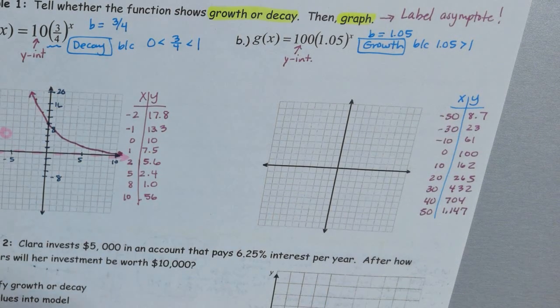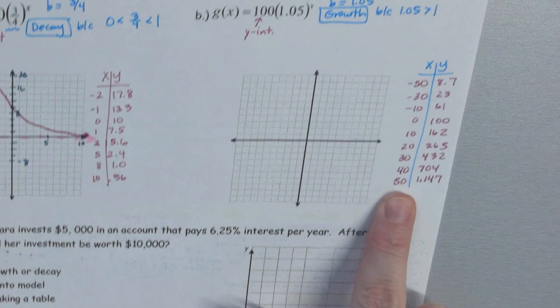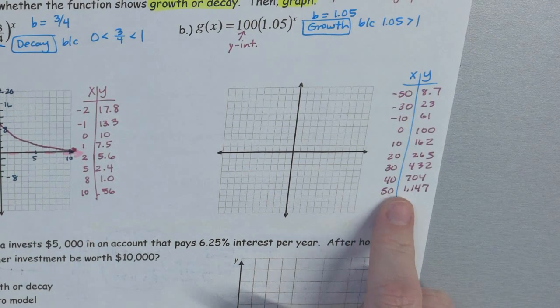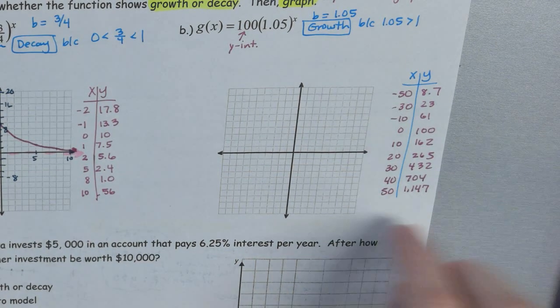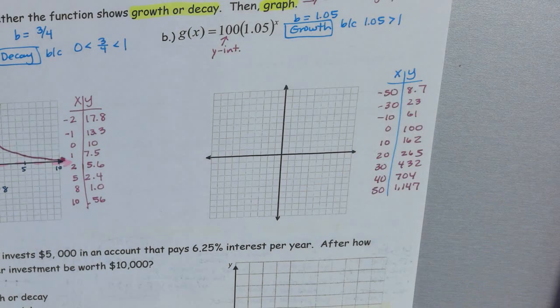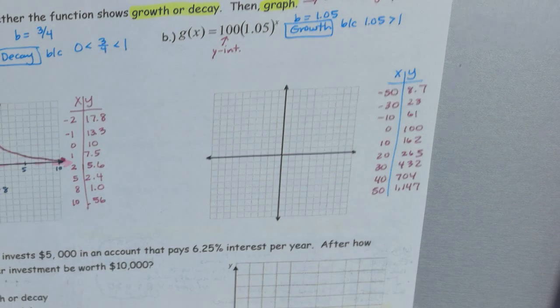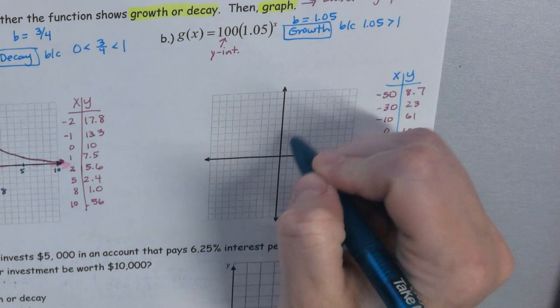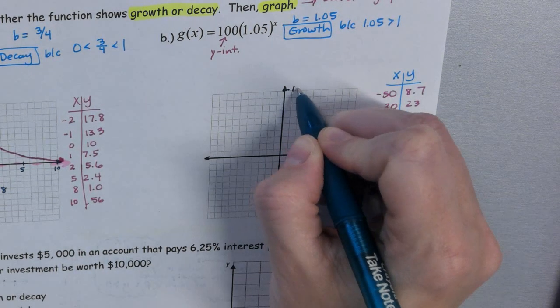Okay, now even though I put that on my chart, I don't necessarily have to graph up to that much. What do you guys think a good scale would be for the Y's? If I have 10 up, what do you think a good scale would be? But how far would you get to with 50? You get to about 500, right? Yeah, let's try hundreds, because then I could get up to 1,000, right?